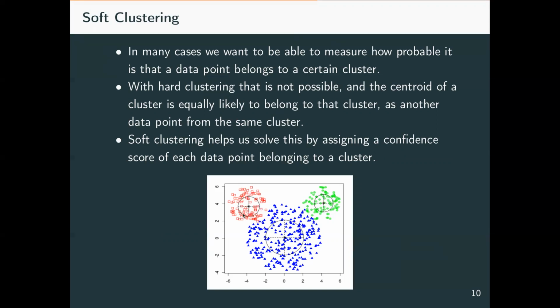So the algorithm knows that these data points do belong in this cluster, but the data points outside the circle could belong to another cluster. So that's what this says to us. Or they could even be outliers. So you could use this sort of method to simply discard bad examples in your data.